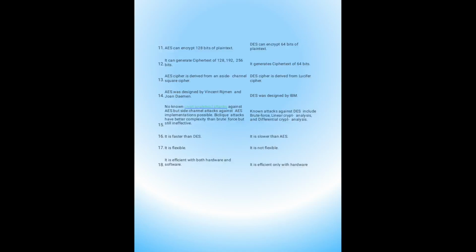The AES cipher is derived from the Square cipher. The DES cipher is derived from the Lucifer cipher. AES was designed by Vincent Rijmen and Joan Daemen. DES was designed by IBM.